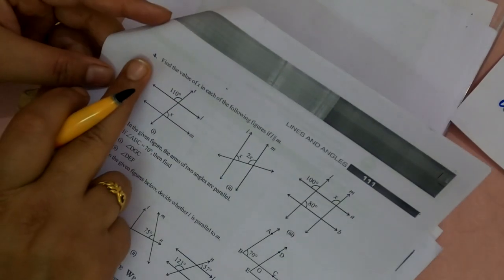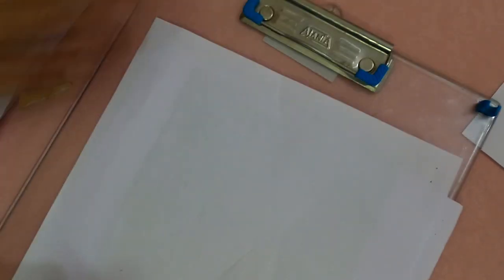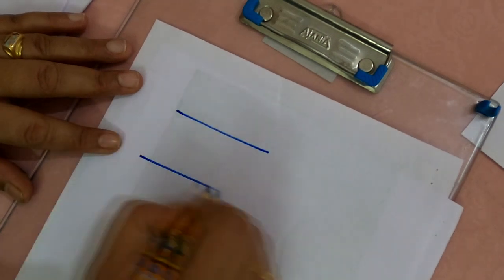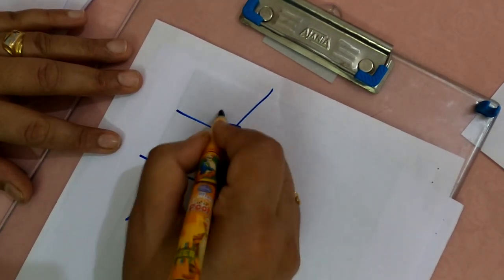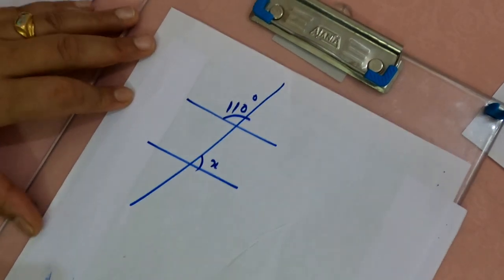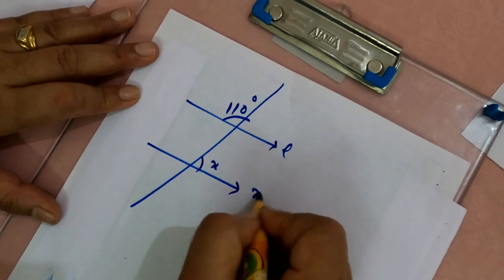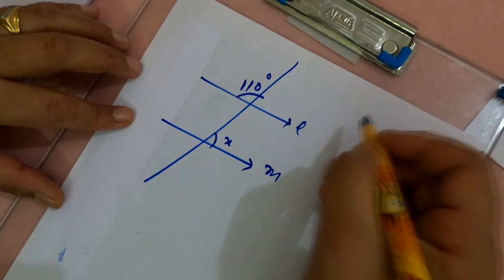It is question number 4, exercise 5.2. This is X. Yes. Now it is given that L and M are parallel to each other.